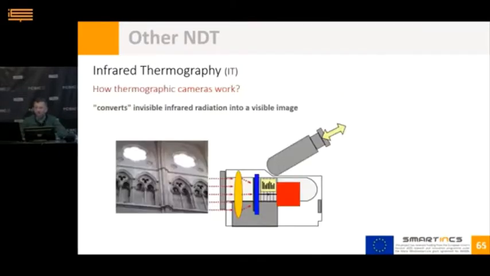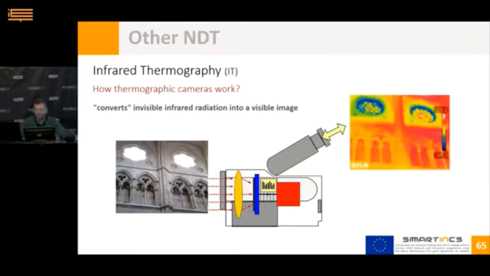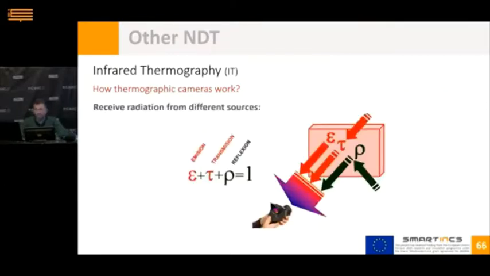But how does a thermographic camera actually work? It captures the invisible infrared radiation emitted by the body's surface and transforms it to visible information, namely temperature images. The camera captures radiation from different sources: emission, reflection, and transmission.